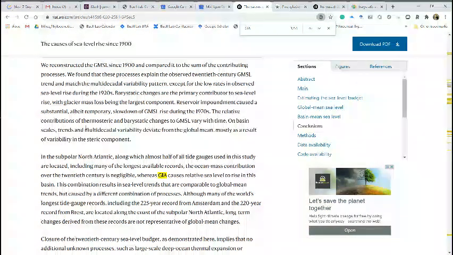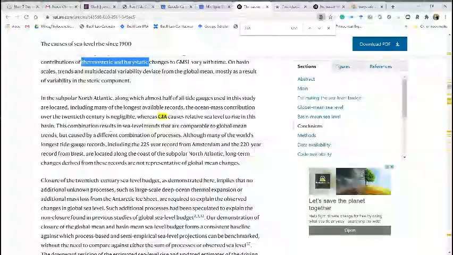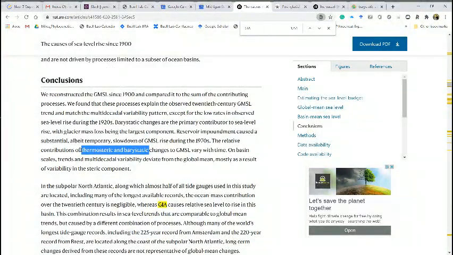That's pretty interesting. I wonder why exactly the contributions of these different changes vary with time.